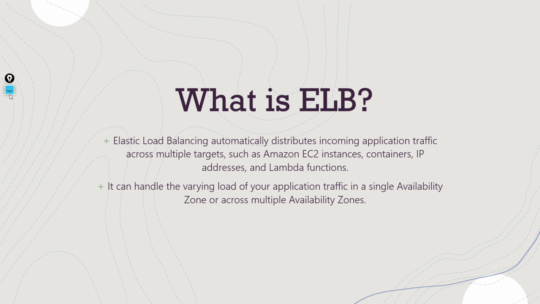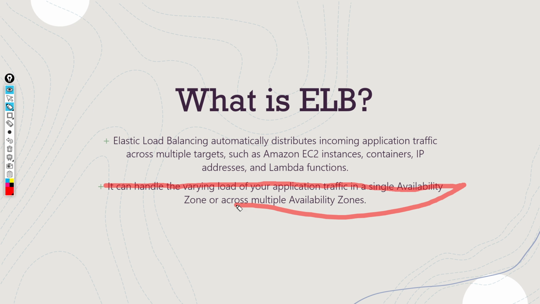Now the next thing is where we can use ELB, what is the use case scenario for this? If you notice, it can handle the varying load of your application traffic in a single availability zone or multiple availability zones. This means that ELB is region specific.